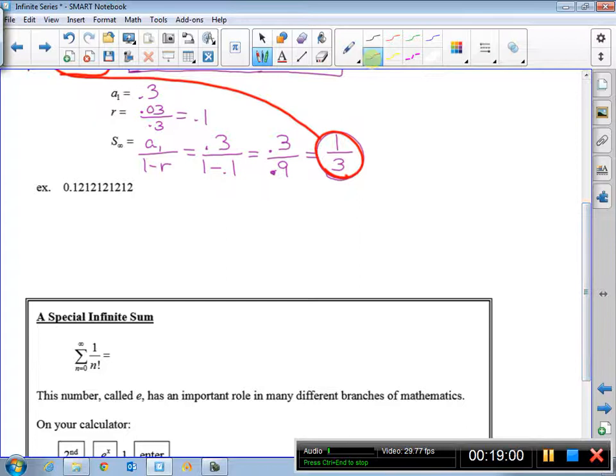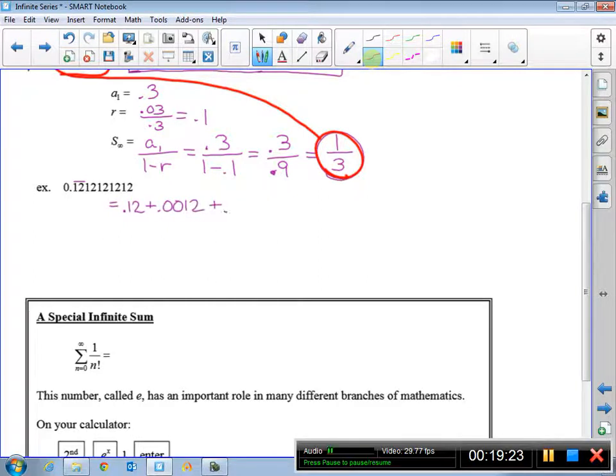The second one has two digits repeating. So I would write this one out as 0.12 plus, now I gotta fill two spaces with zeros, 0.0012.